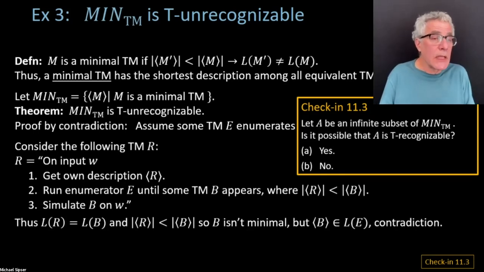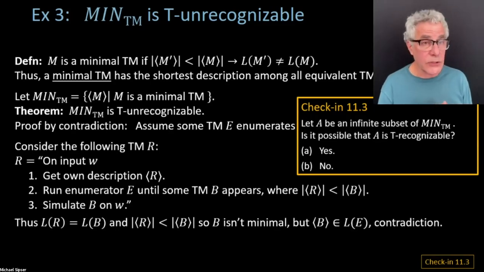Is it possible that subset, whatever it is, could be Turing recognizable? Now think about that. You can have languages which are not Turing recognizable that have infinite Turing recognizable subsets. Could that be for this language?